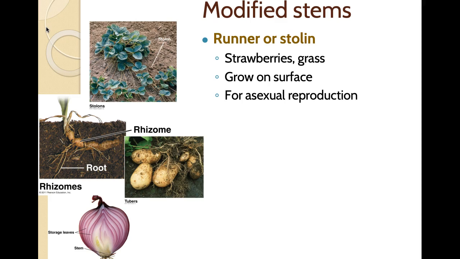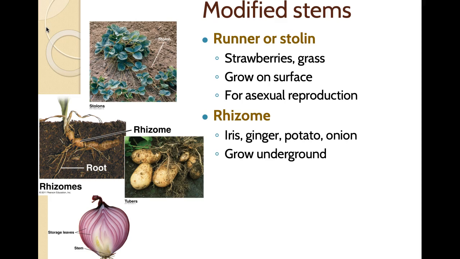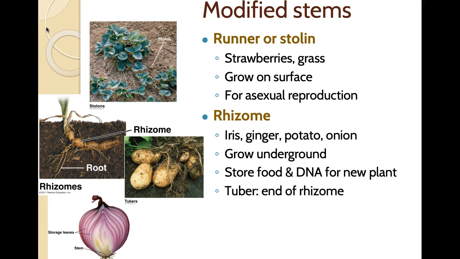Another type of modified stem adaptation is a rhizome, and rhizomes would include ginger, potatoes, and onions, and these grow underground, and they store food and have DNA for a new plant to grow. And one type of rhizome is a tuber, and that's going to be the end of the rhizome, and potatoes are tubers, which again is a specialized stem system growing underground, and you can see the diagram or the picture off to the left.